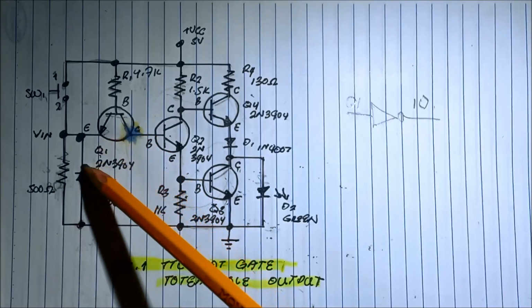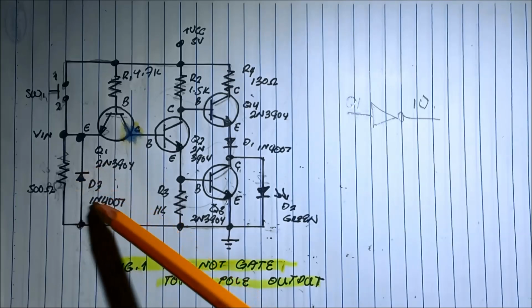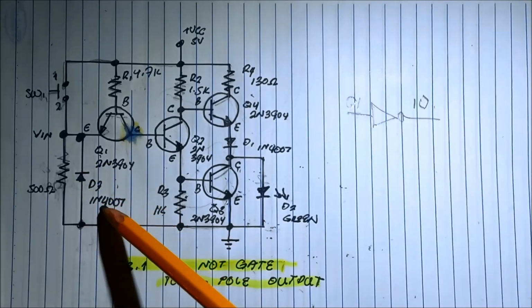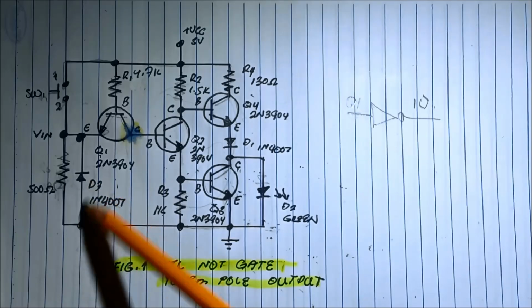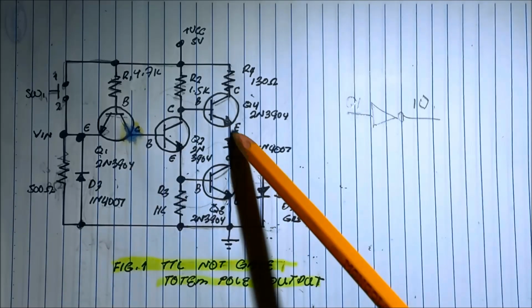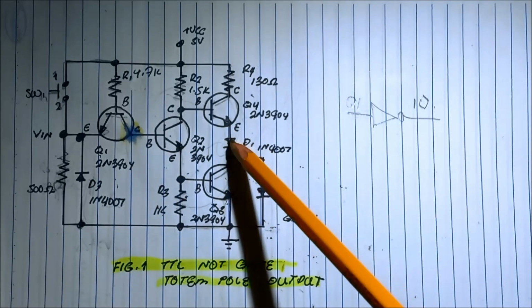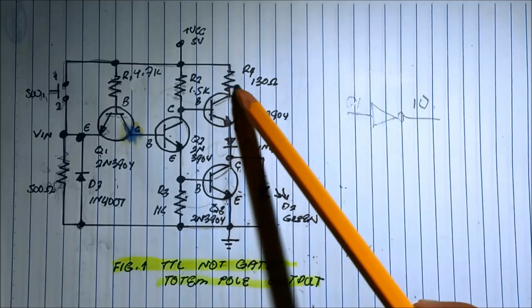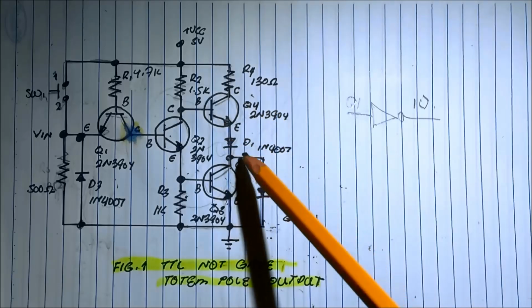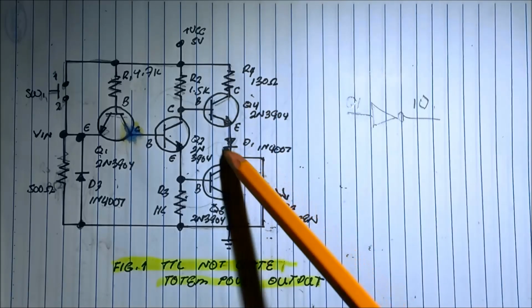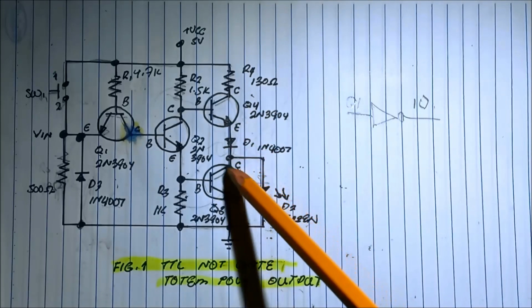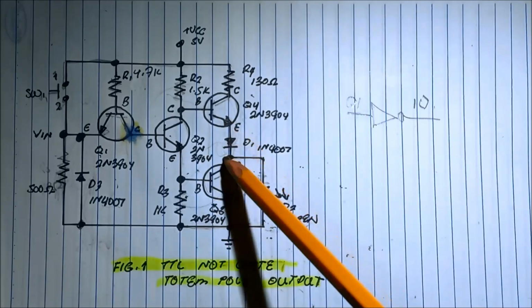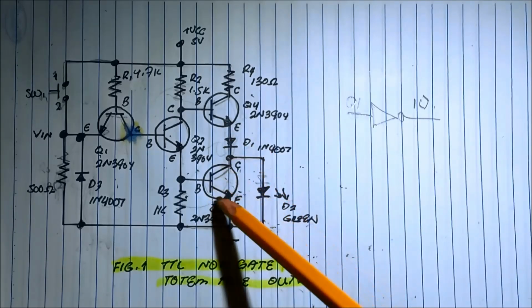As you can see here, we have also the diode 1N4007 protection diode. A diode here to ensure that the transistor is operating properly. There's no reverse or leakage current from the output.